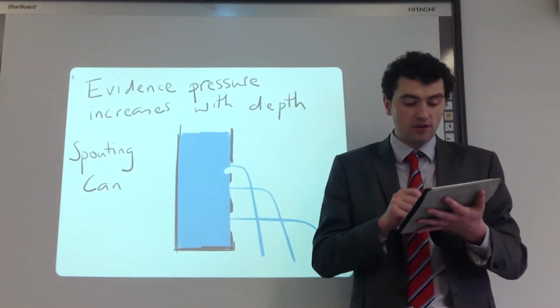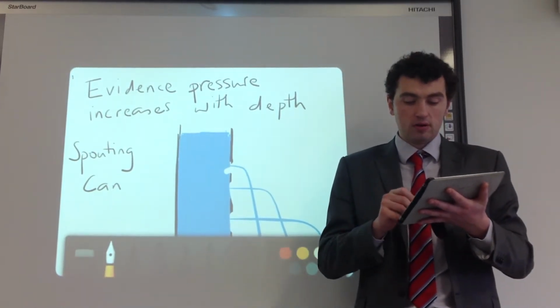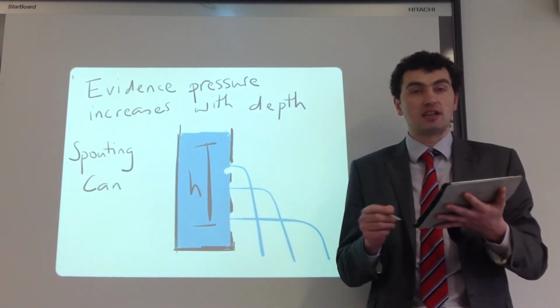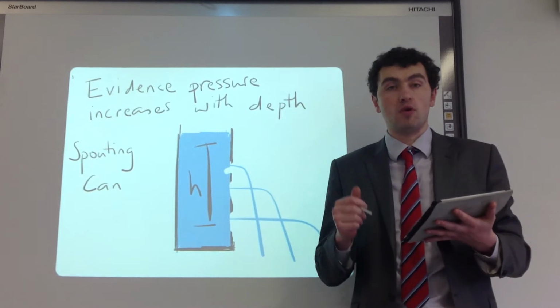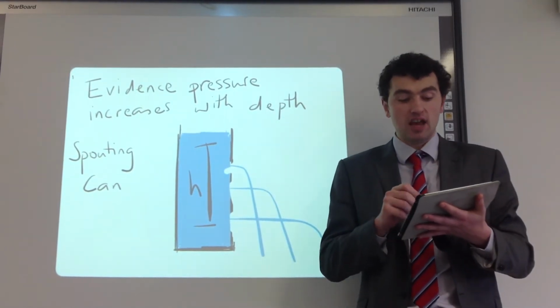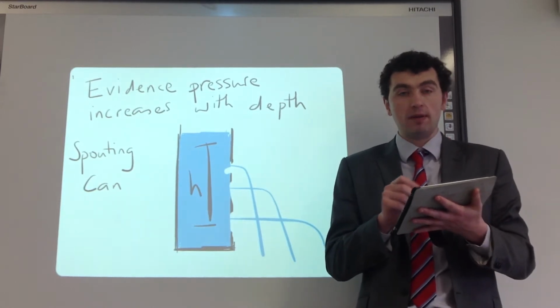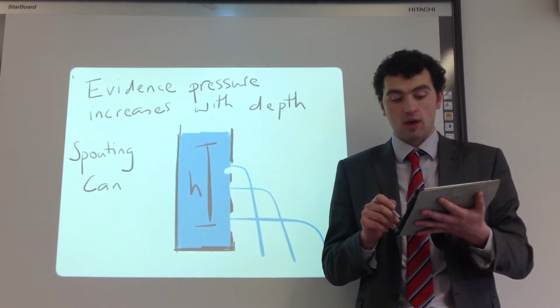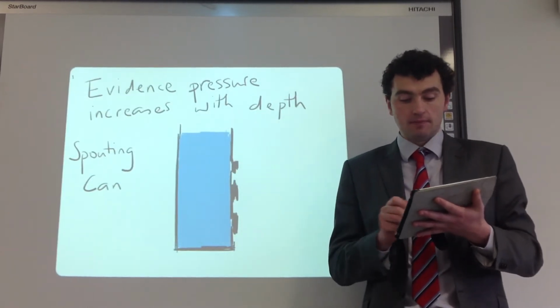It tells you that the further down that you go in the water, in other words, as h increases, the depth increases, the pressure gets greater because the water is being pushed out more. But the second thing that it shows us is that pressure is actually acting in all directions. If the pressure only acted down, it would be impossible for the water to be forced out the side. And you can quite clearly see that it will be forced out the side.